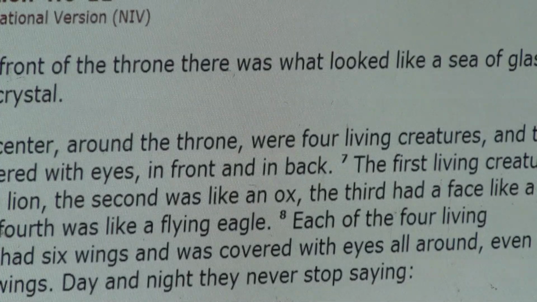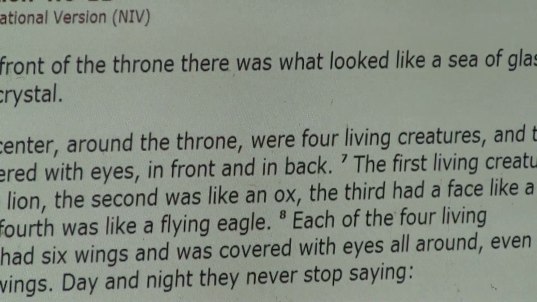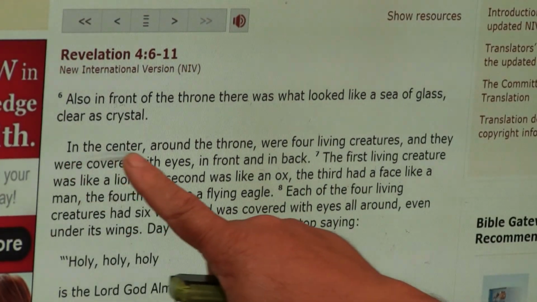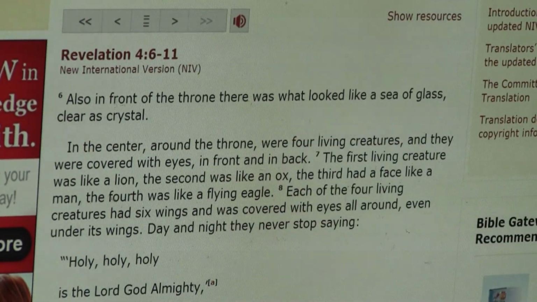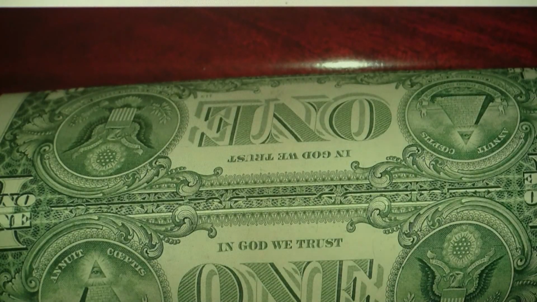And this is covered where it says in Revelation 4:6, it says, in the center around the throne. So, around the throne is in fact the throne where the Lord God's energy, or Shinka, exists.